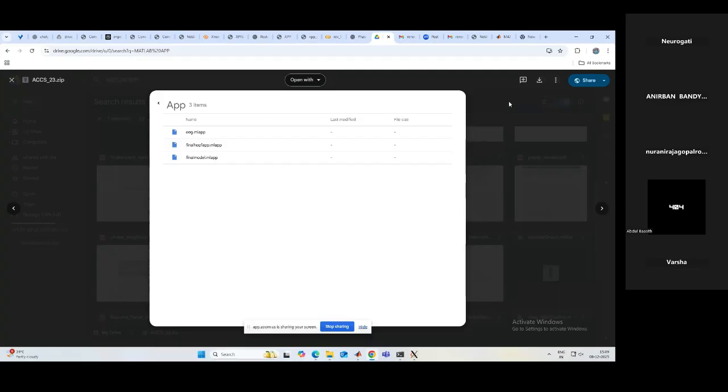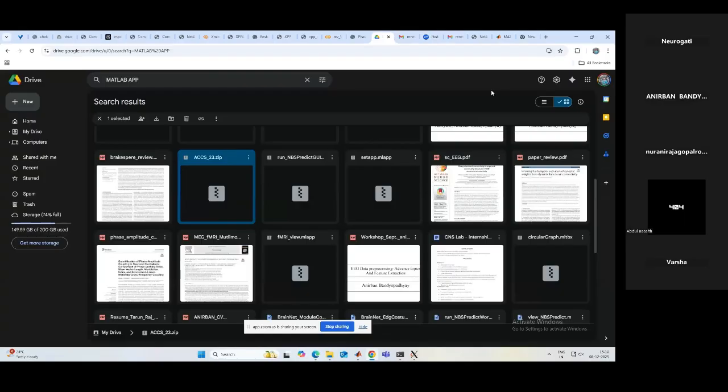So you can download it and open it in MATLAB. If you have already installed MATLAB, you can just click it. It will open your MATLAB window and ask you to run it. Click the run button, it will run. Yeah, now it's showing on the left side of the files in MATLAB Online.